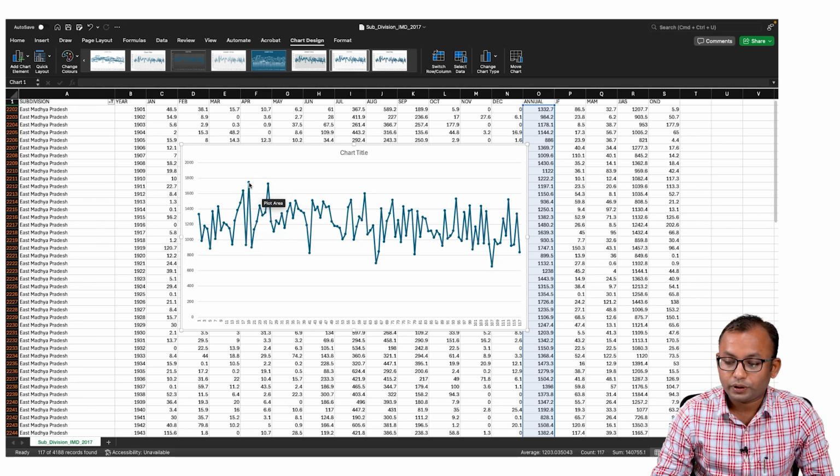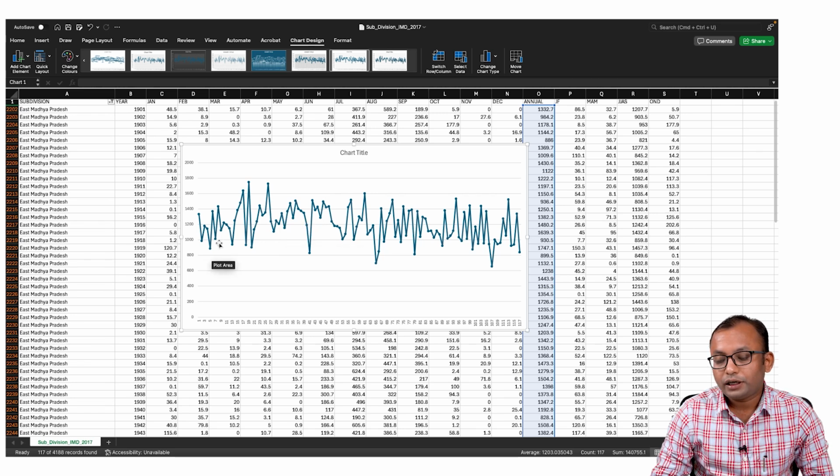For example, these 2 years, if you click here, point number 19, or 1919, and then there is another point, 26, and the value is 1726.8, which is the year 1926, where we received a very high amount of rainfall in East Madhya Pradesh region.